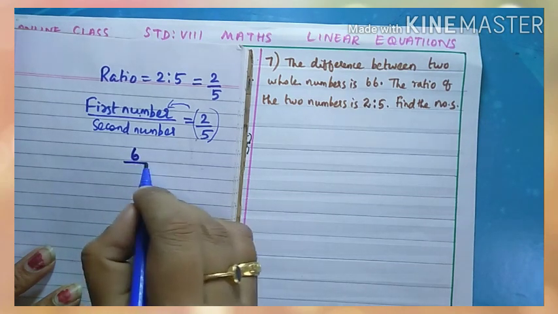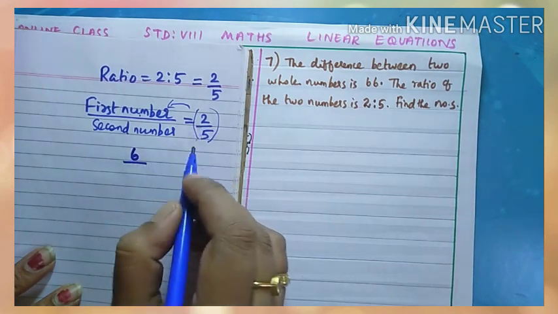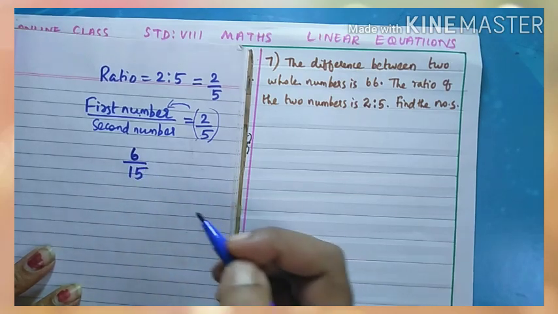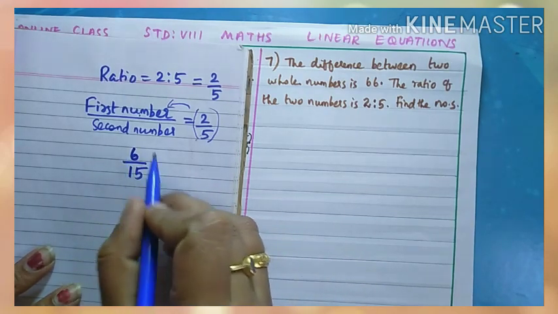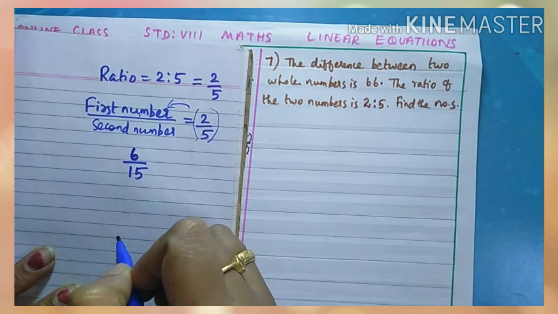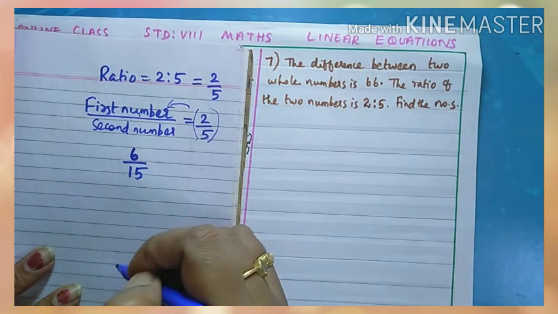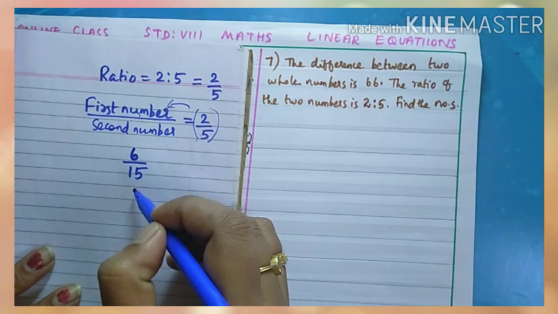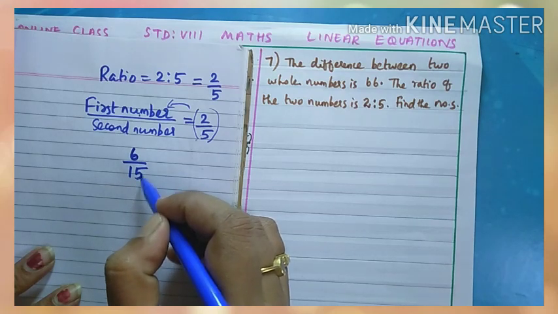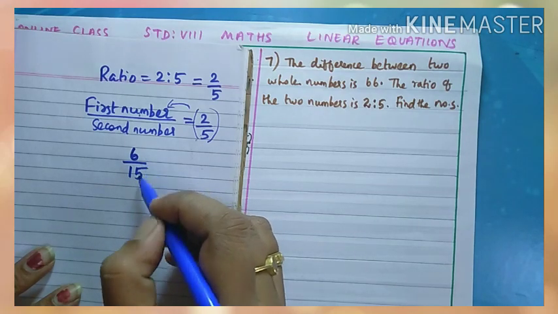For example, if I am writing 6 by 15. Okay, consider this fraction 6 by 15. And you know how to reduce the fraction into lowest form? Yes. So 6 and 15, how I can reduce? 6 and 15 have any common terms? Yes. 3 is a common term. We can reduce by 3.